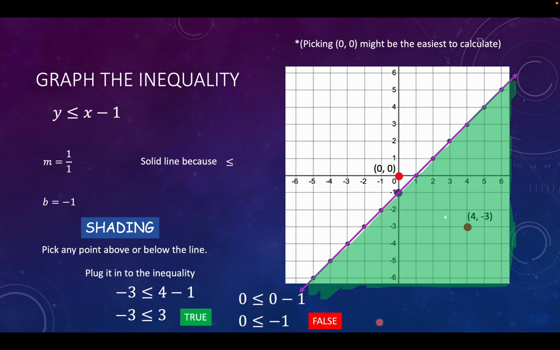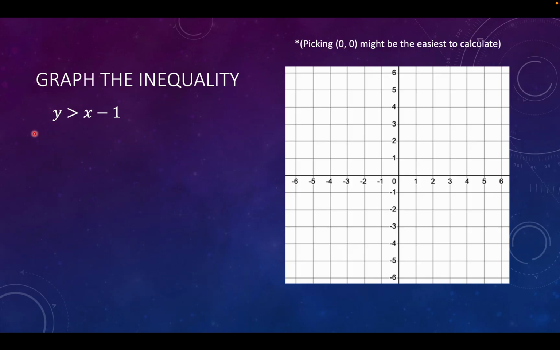That is a false statement. So I want you to notice that when we pick a point on the true side, we're going to get a true statement, which is where the shading should be. If we picked a point on the other side, we get a false statement. So we really have a 50-50 shot here of getting our shading correct, and how we confirm is by picking points and plugging them into our inequalities.